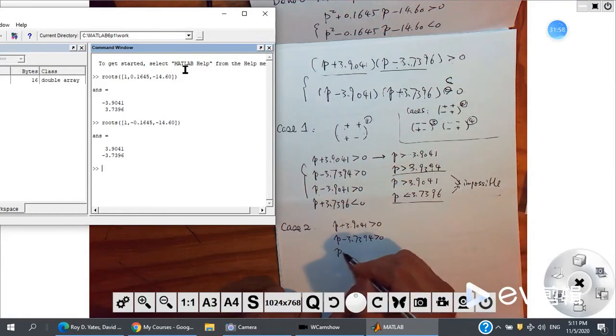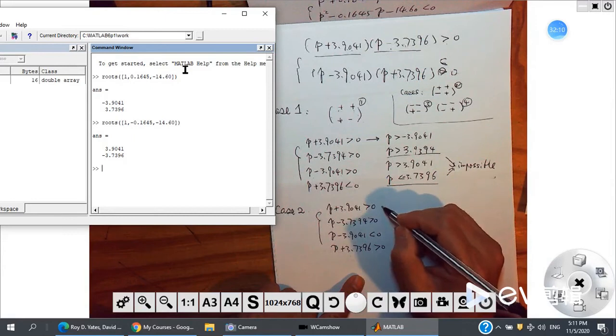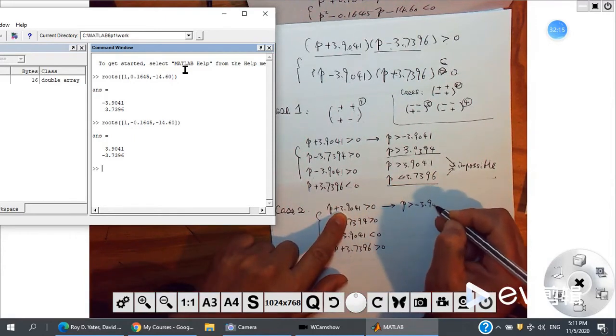P minus 3.9041 is negative, while P plus 3.7396 is positive. So we have these four.